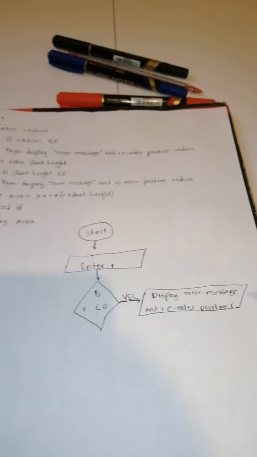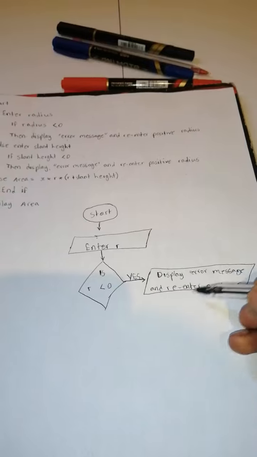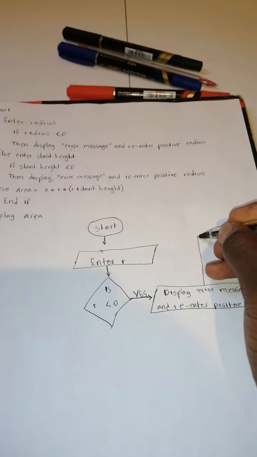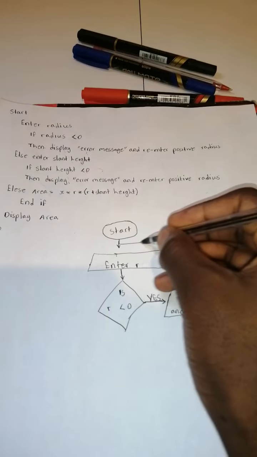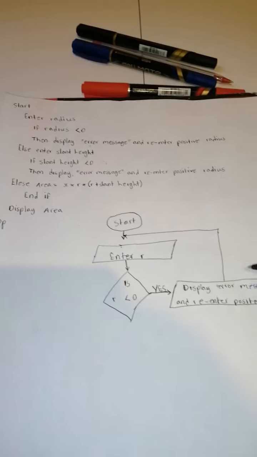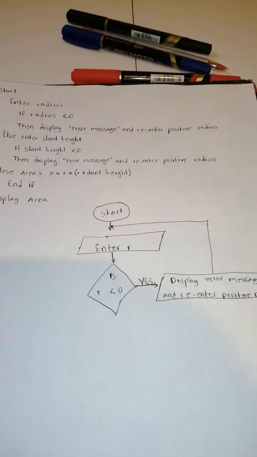I'm just going to write r like that. Since it says enter positive radius, I'm going to draw an arrow going in that direction, and then it will join this arrow going to enter. So the information will be re-entered since we have an error message like that.